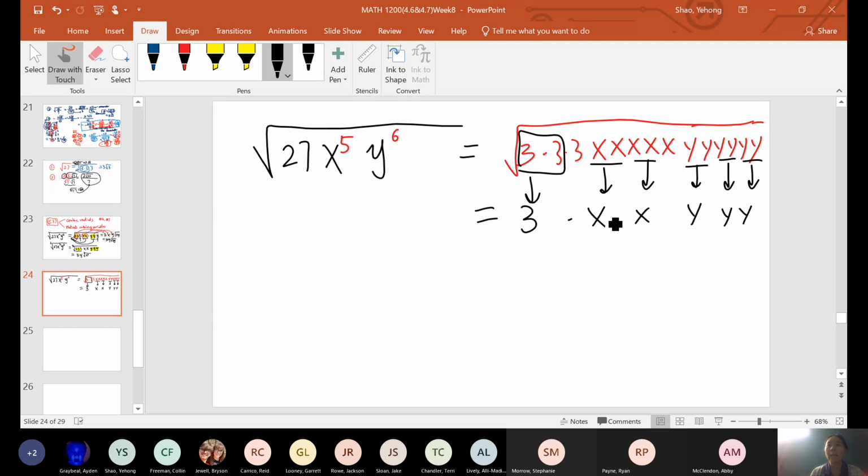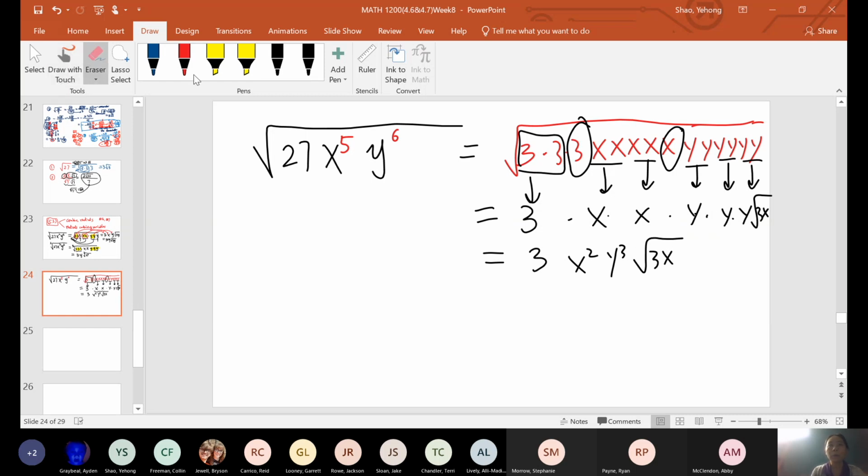So that's all the pairs I could find, and the ones left will be this 3 and this x. They stay within the radical sign, 3x. Let me put them closer. So you're going to get 3x squared y to the 3rd, and square root of 3x. That would be the simplified form.